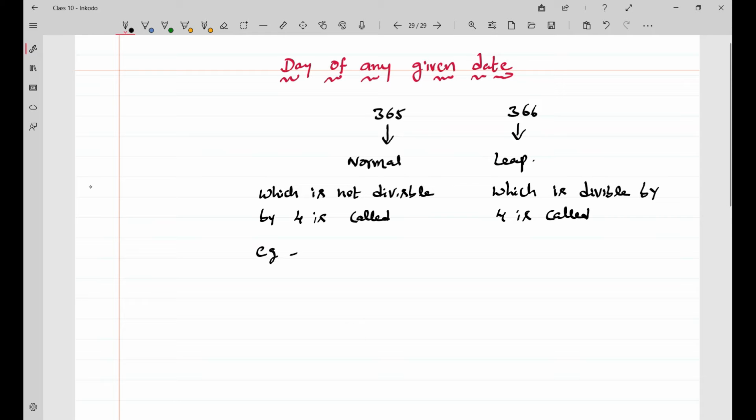Let's see the example for a normal year: 1885. Let's see the example for a leap year also: 2020.